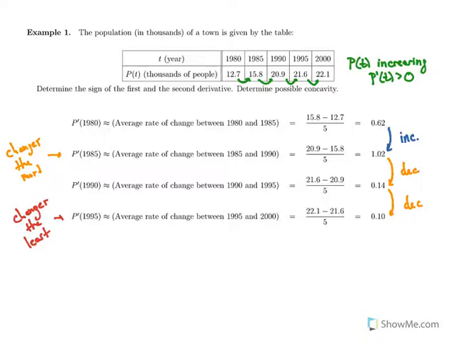So this means that the second derivative is going to be positive at the beginning, and then it's going to be negative, which means that we are going from concave up to concave down.